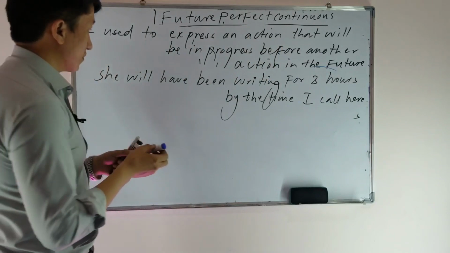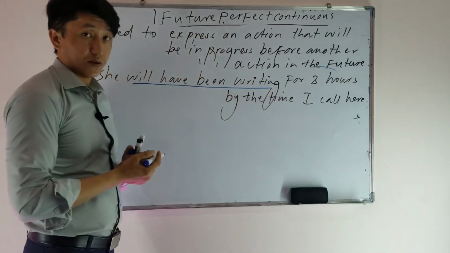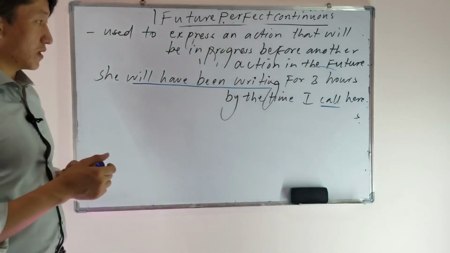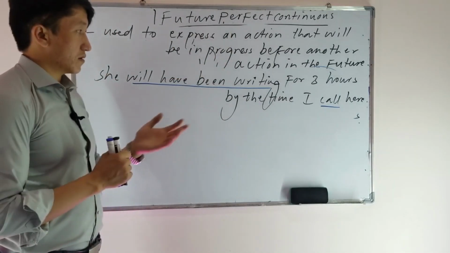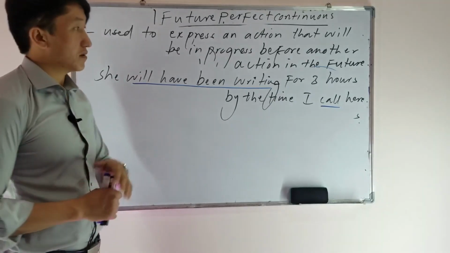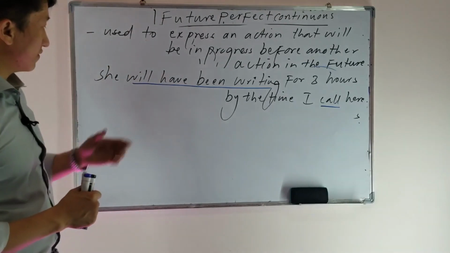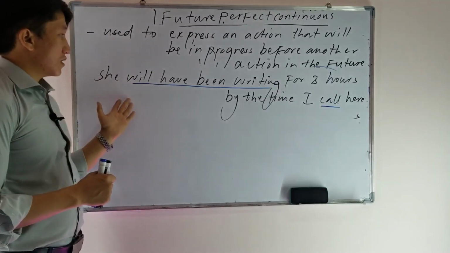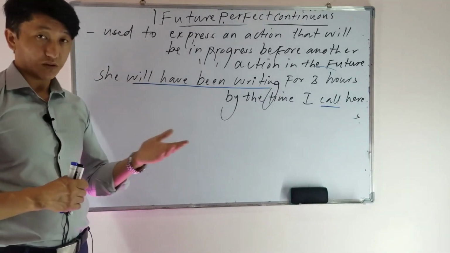Now, this action of writing will start and will continue for 3 hours in the future by the time I call. So we have to use future perfect continuous. It talks about an action that will be in progress before another action in the future, or you can say it talks about an action that will start and will continue for a period of time before another action in the future tense. Now if I want to change it to negative, I have to say she will not have been writing. For the question form, we can say will she have been writing, and will she not have been writing, or will not she have been writing.